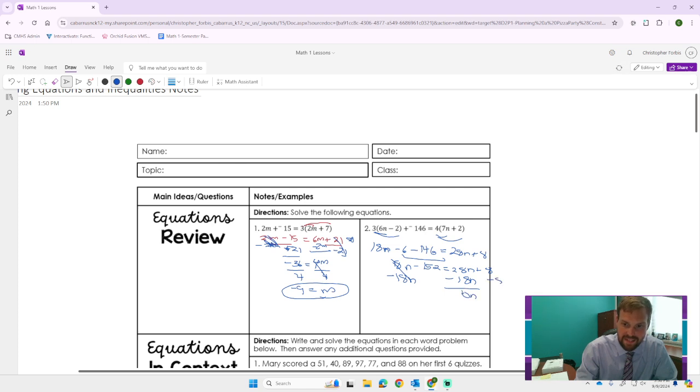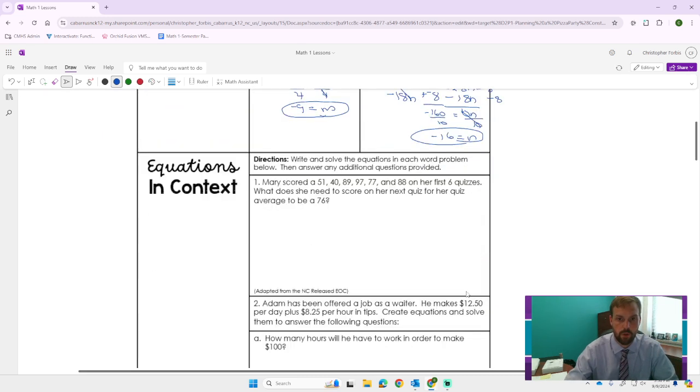I can minus 8, and I can minus 8. Remember, minus you can say is the same thing as plus negative. So negative 152 and negative 8 is negative 160. And then we can divide both sides by 10. So that is negative 16 equals n for my final answer. Very cool.